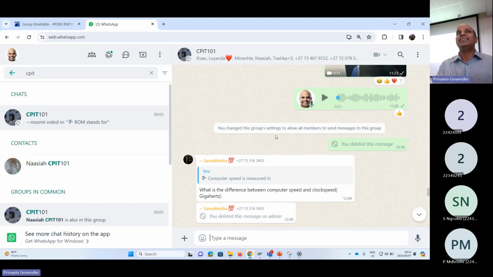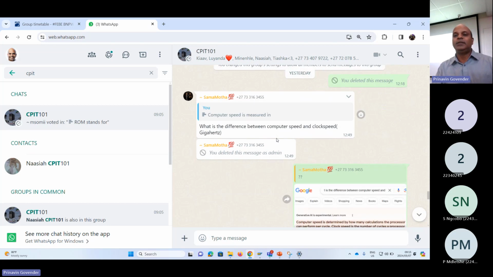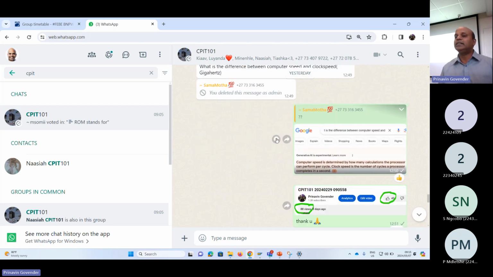Your best friend is Google. Yes. We all have acquaintances, we don't have best friends, in my view. Friends, they come there, they use you for what they can get from you, right? So ask Google, and there's the answer. Clock speed is determined by the number of calculations the processor can make, the number of cycles the processor completes.